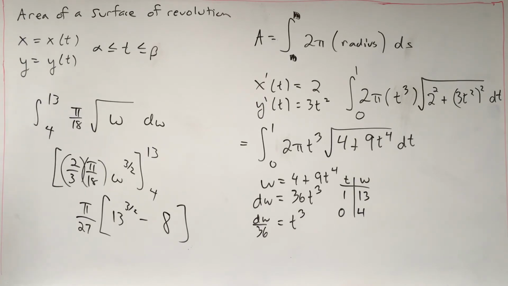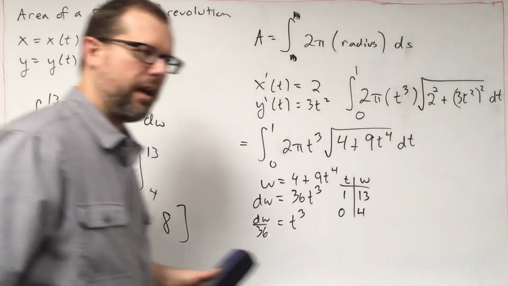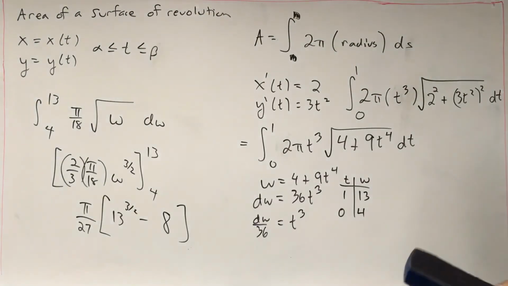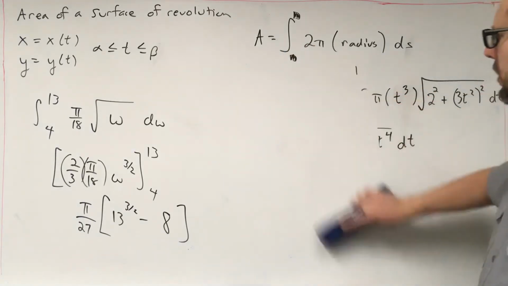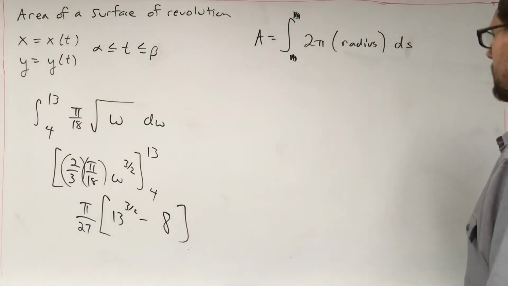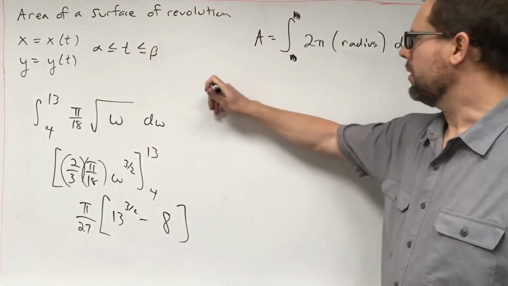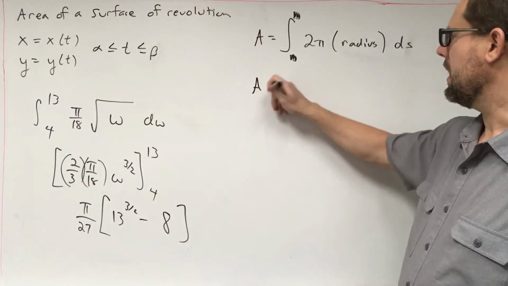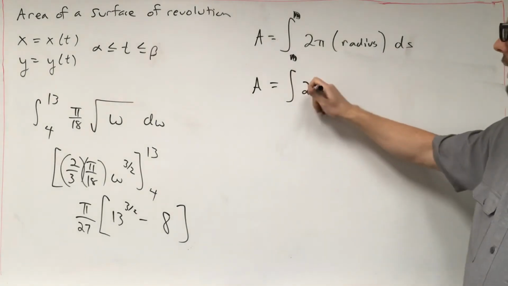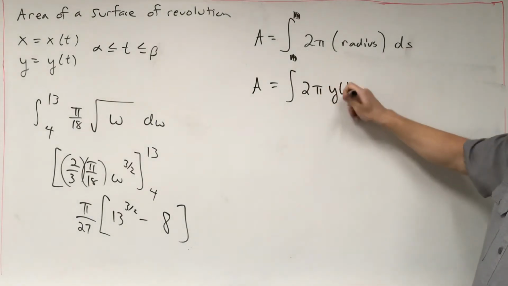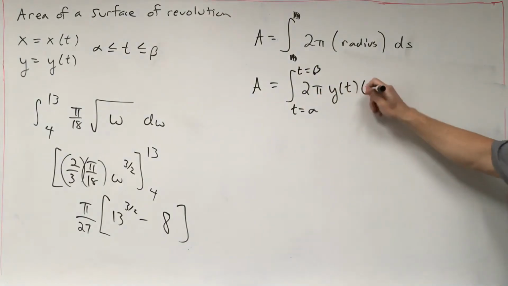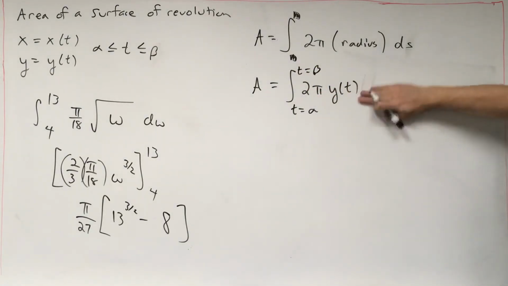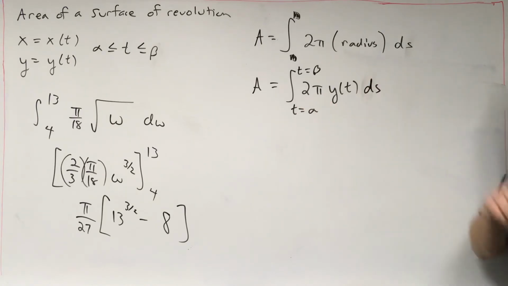So there's a demonstration of how to use the surface area formula given for parametric equations. But there are a couple different varieties of this that we ought to explore. So if we are going about the x-axis, as we did a moment ago, then just like I wrote earlier, we're going to have this formula, 2 pi times the y value, and then ds.